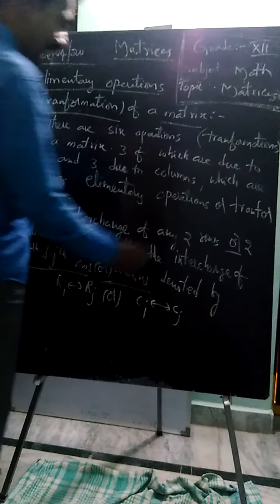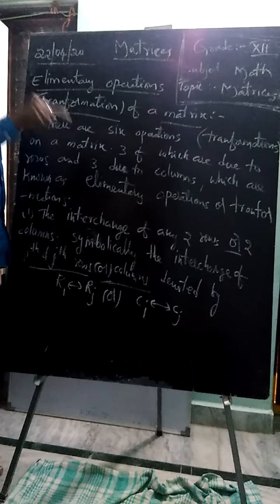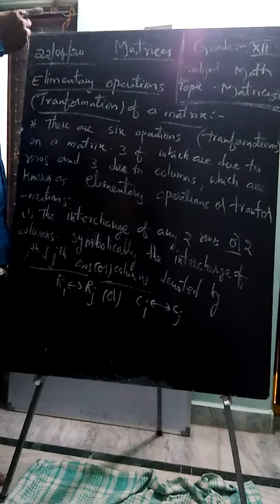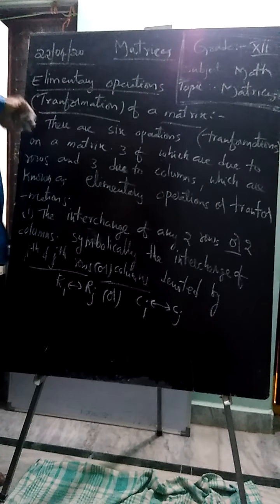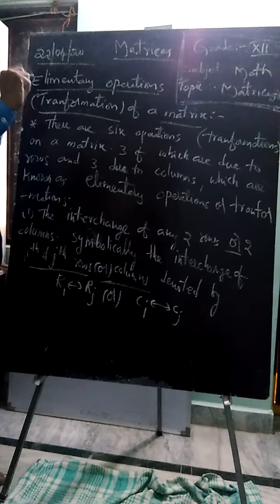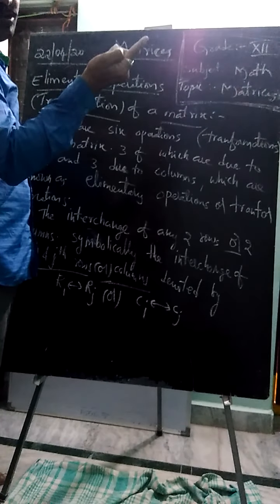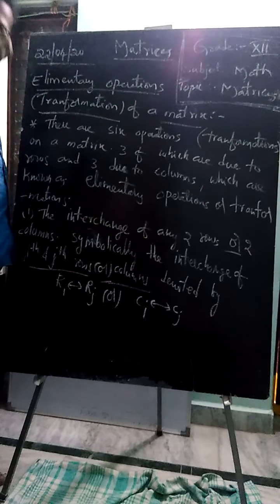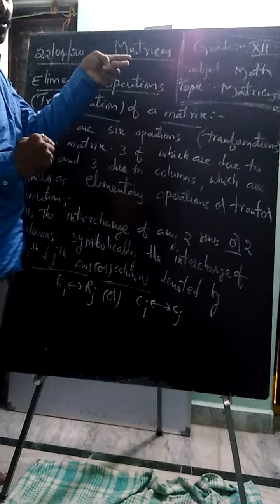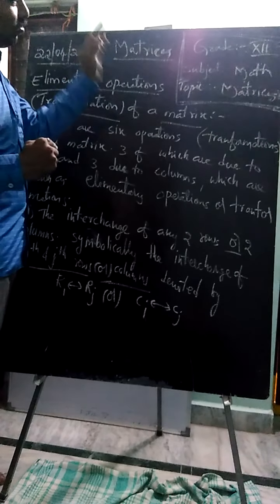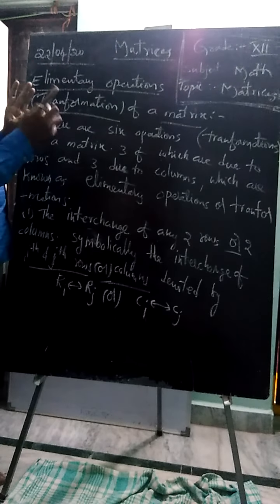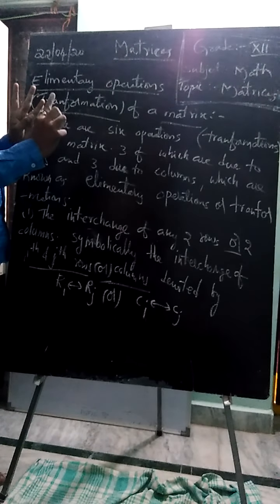That means the ith row changes into the jth row, or the ith column changes into the jth column. For example, the first row changes into the second row and the second row into the first, or the first column into the second column and the second into the first.